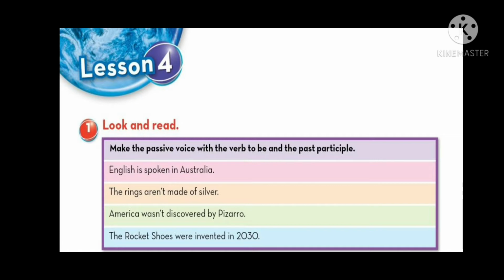America wasn't discovered by Pizarro, and we use the past tense here. America wasn't, which is the past form, استخدمناه. Why is that? Because we are talking about the past. بنحكي من اكتشف أمريكا, which is past form. The rocket shoes were invented in 2030, and this is also the past form because we are talking about the past. طبعا هذا على اعتبار انه احنا بنحكي بتاريخ 2030.